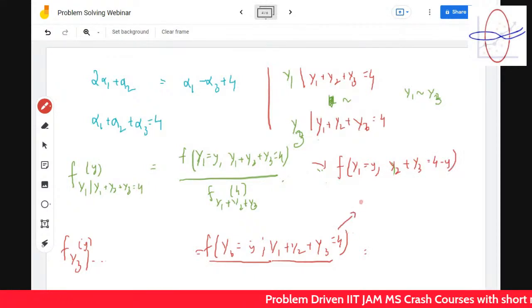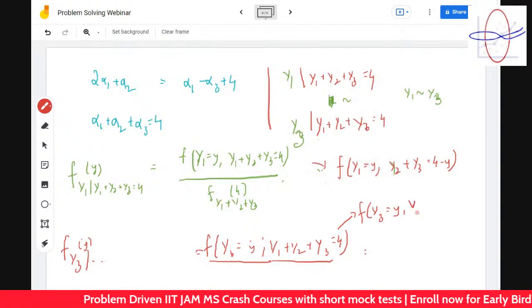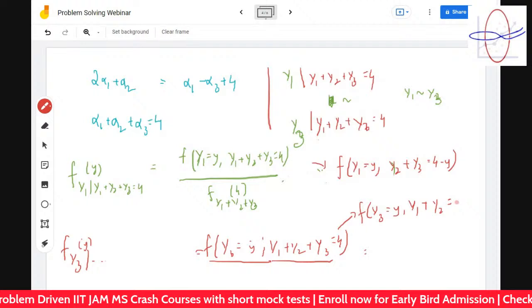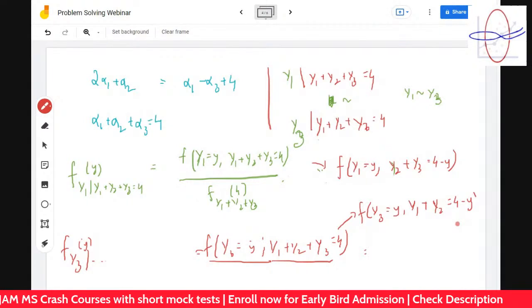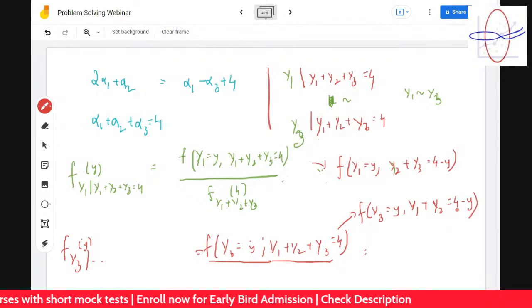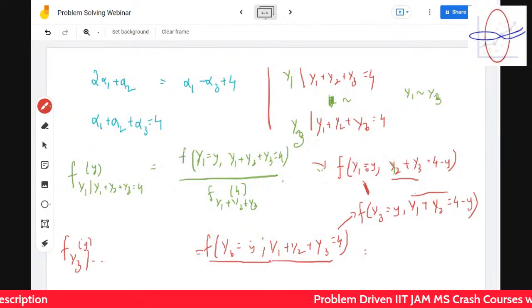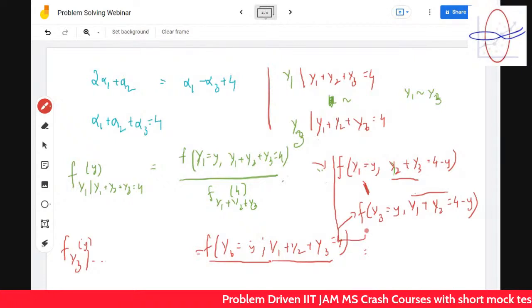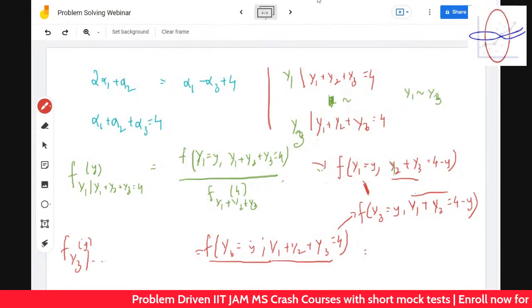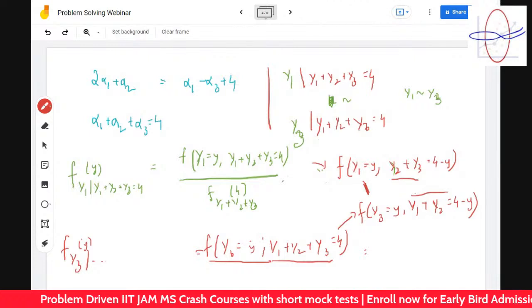And here f of y3 is equal to y and y1 plus y2 is equal to 4 minus y. So y1 and y2 are similarly distributed, and y2 plus y3 and y1 plus y3 are similarly distributed, and they're independent together. So both the expressions are the same. Did you understand why both the expressions are the same?